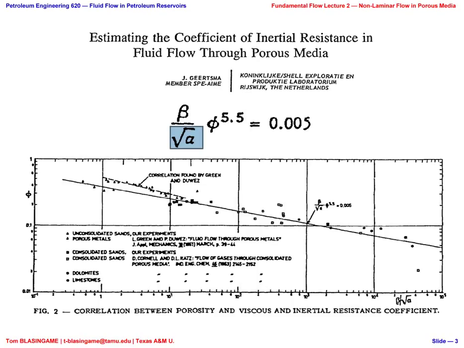So that's what beta is. It is a parameter in an equation. It is an empirical-ish parameter, but it has the units of reciprocal length, 1 over L. So what they tried to do was correlate it with porosity, and then that way they wouldn't have to go to permeability to do it.